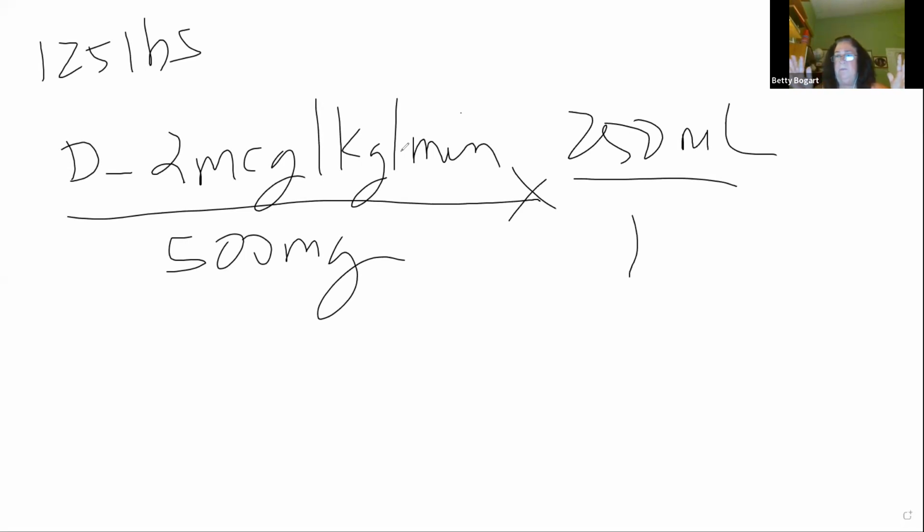We've set it up right from the problem, right there. The first thing I need to do is change pounds to kilograms. So 125 divided by 2.2, 56.8. We're going to take it there.